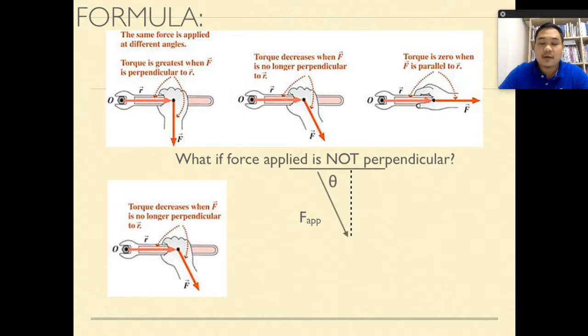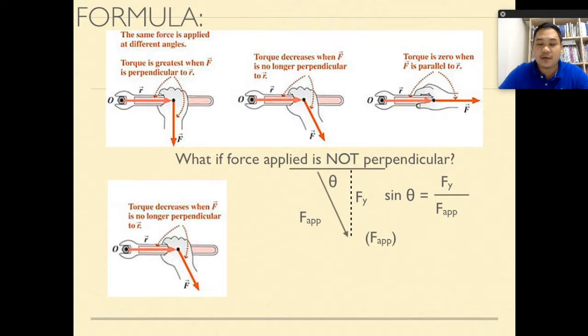Upon looking, we have here the Y component of the force, wherein the angle is opposite to this Y component. Therefore, sine theta is opposite over hypotenuse, which is Fy over F applied.